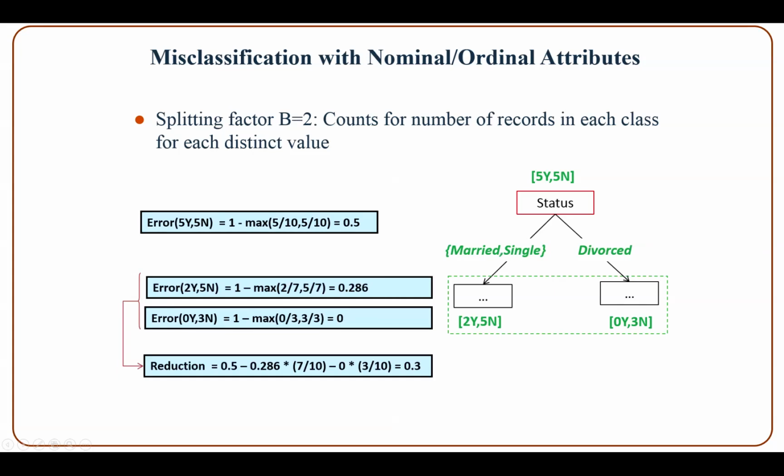If two-way split is used, then you need to try all possible combinations of the distinct values. So with 3 distinct values, we have 3 combinations. Each combination gives you a number for reduction in misclassification error.